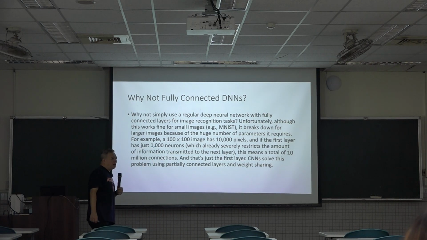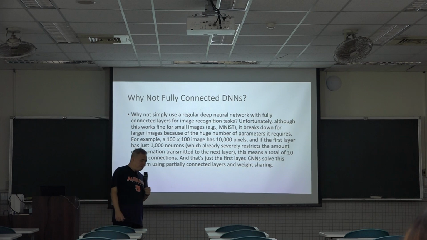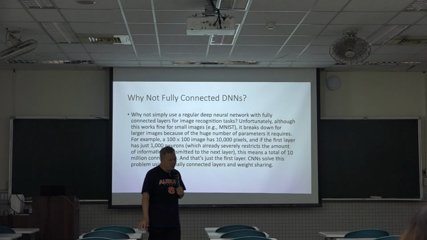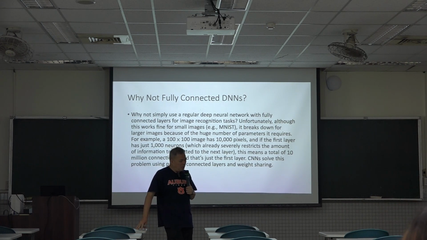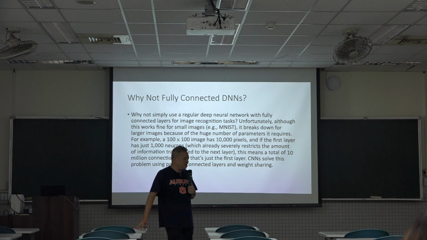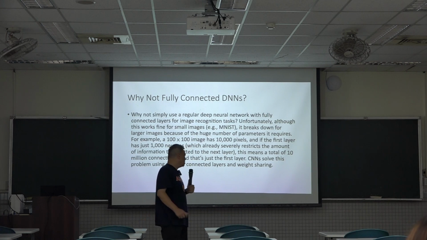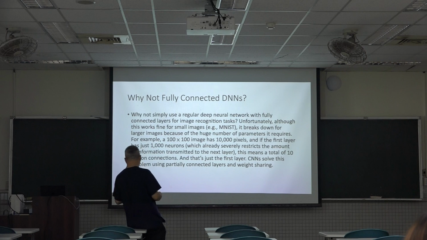Of course, the input is a higher resolution, so in CNN it's still very easy to run out of memory. But if CNN can run out of memory, obviously DNN cannot do it. DNN requires much more memory.